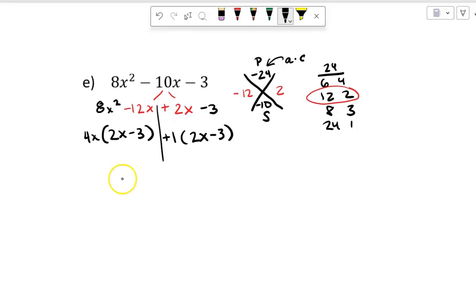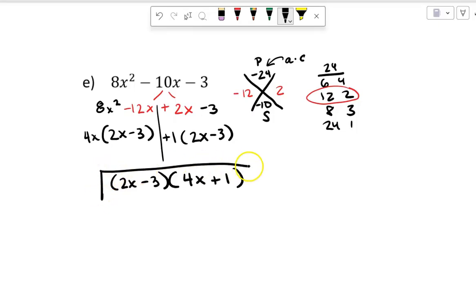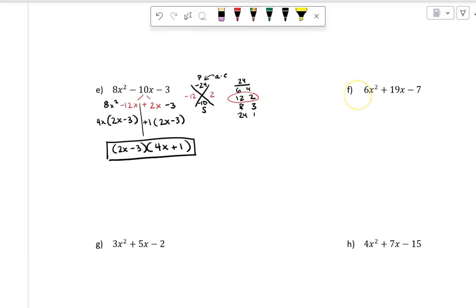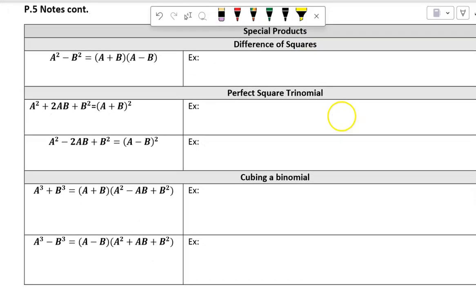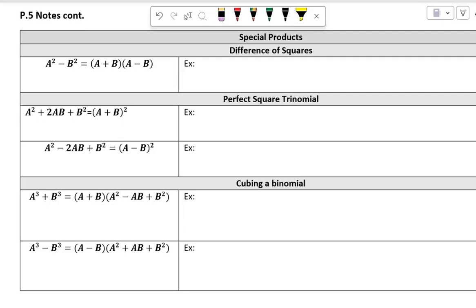Now I can factor all the way by pulling out my GCF of 2x minus 3, and next to it goes my leftovers 4x plus 1. So that is how I would factor by grouping when I can't use the shortcut. We come up with our two numbers, we replace the middle, and we group. You guys would do the rest of these, and I'm going to fill in this table.